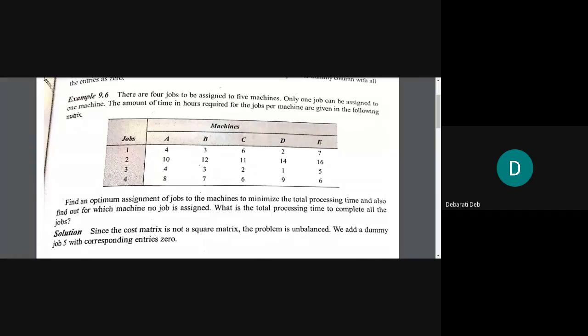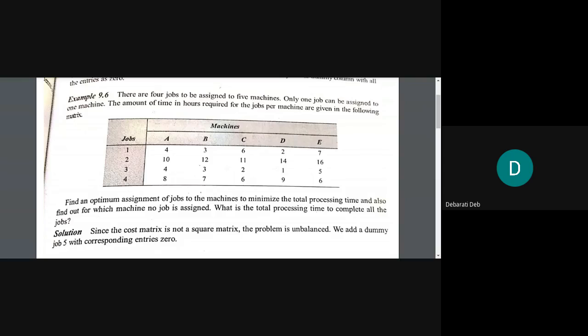The matrix says machines at the top, 5 machines, A, B, C, D, and E, and 4 jobs are there, 1, 2, 3, and 4. So this is not a square matrix, right?